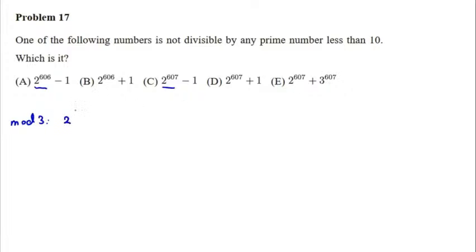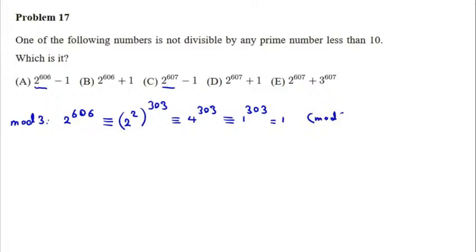So let's calculate 2 to the 606 mod 3. I can say it is 2 squared to the power 303, which is 4 to the power 303. 4 mod 3 is 1, and 1 to the power of 303 is equal to 1 mod 3. So by considering this, A will be rejected.